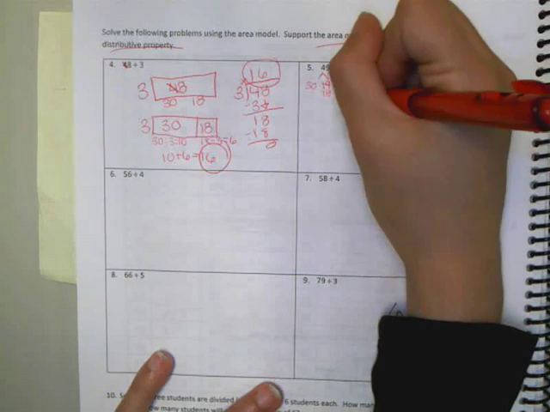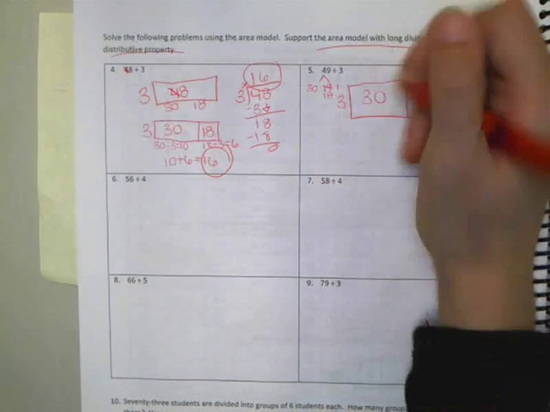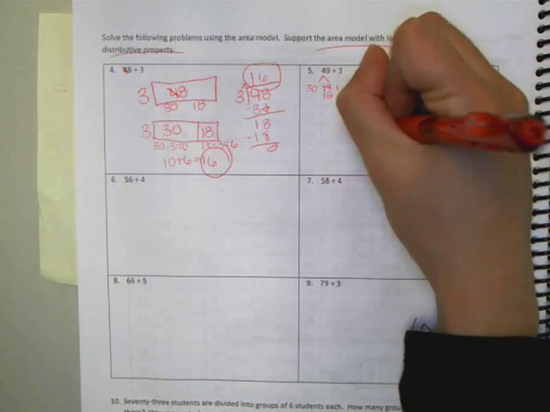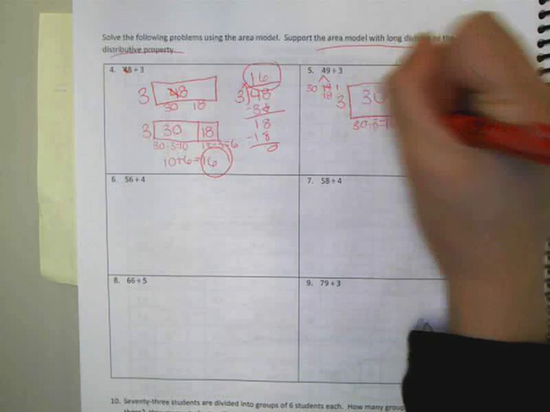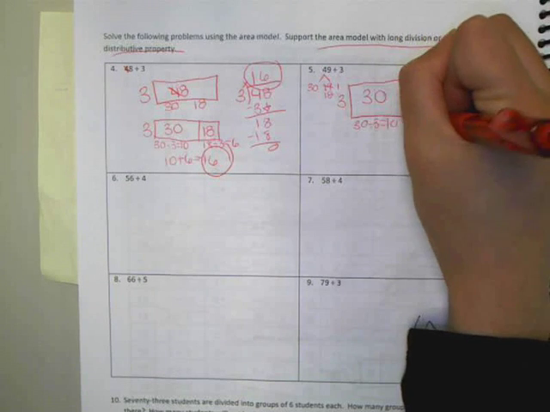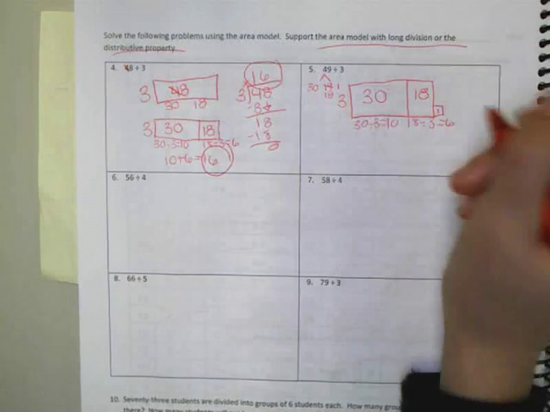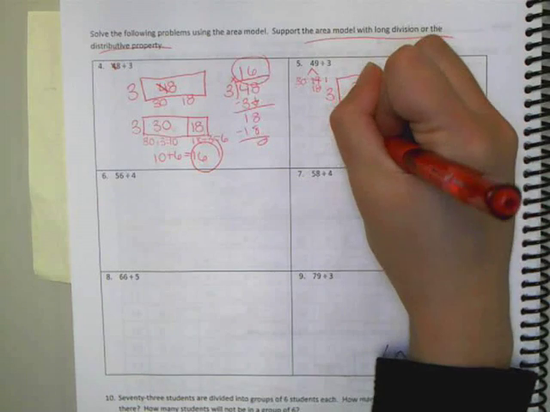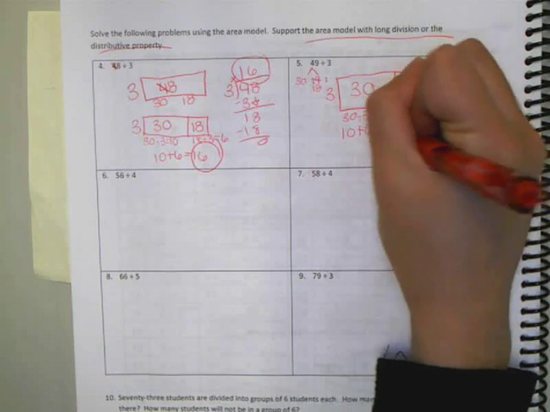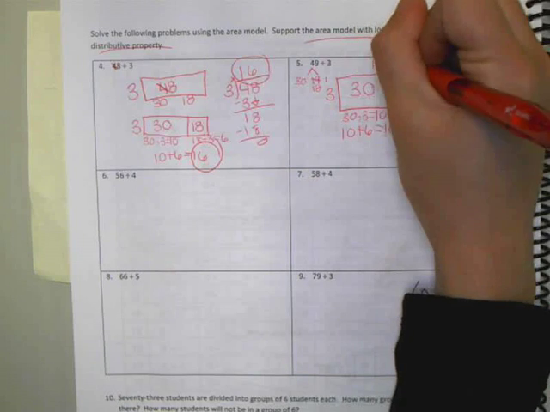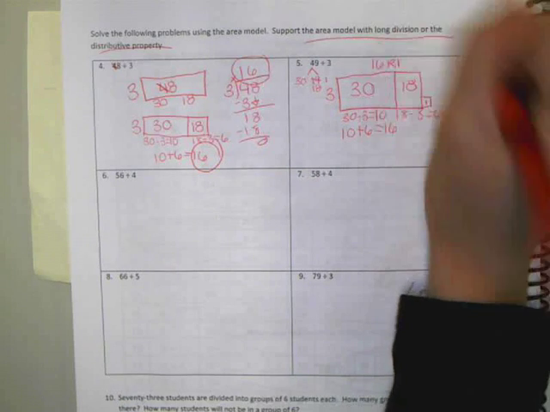And I'm dividing them all by 3. So 30 divided by 3 is 10. 18 divided by 3 is 6. Add those up. 10 plus 6 equals 16. Ta-da! There's my side with a remainder of 1.